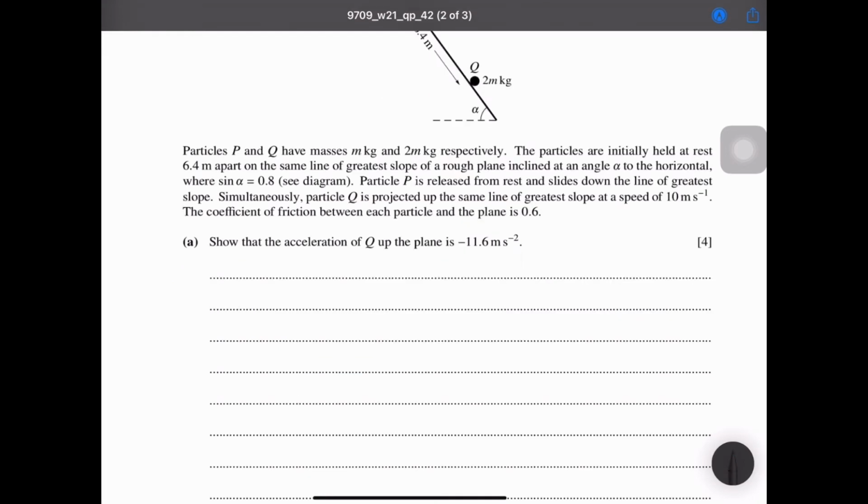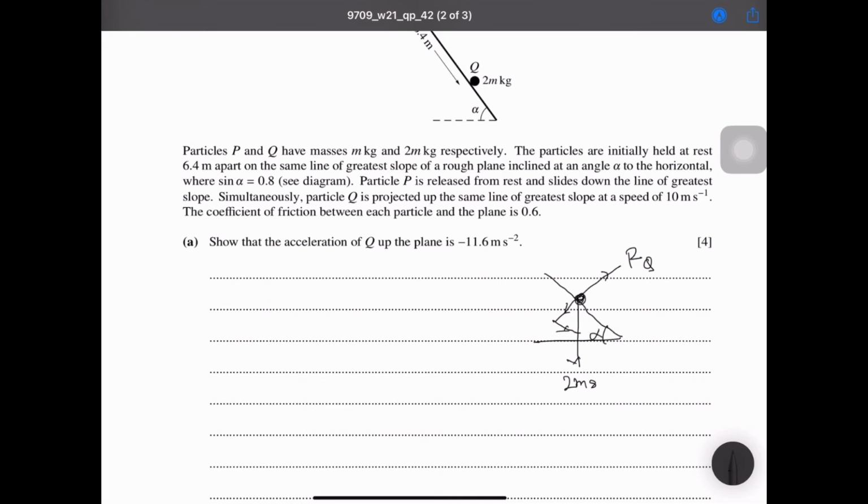To find the acceleration of Q, let me redraw the diagram. Here the normal reaction is R for Q, and the weight is 2mg. Resolve parallel to the inclined plane and perpendicular to it.